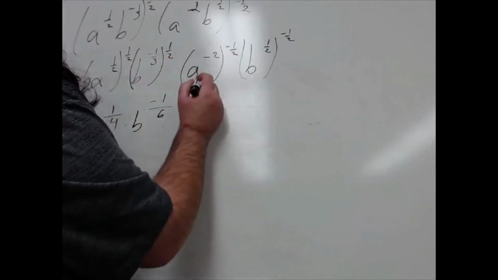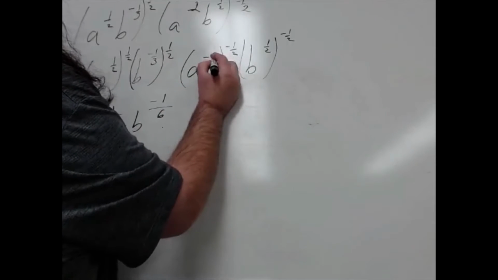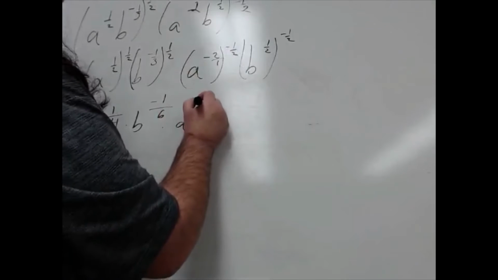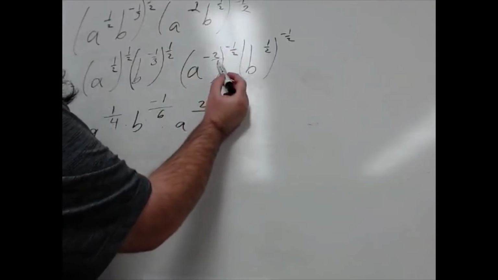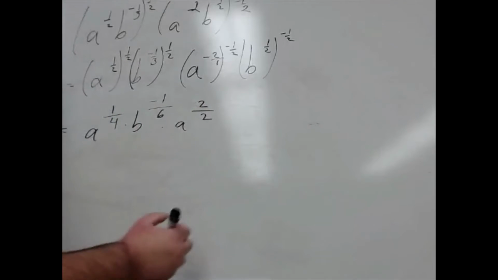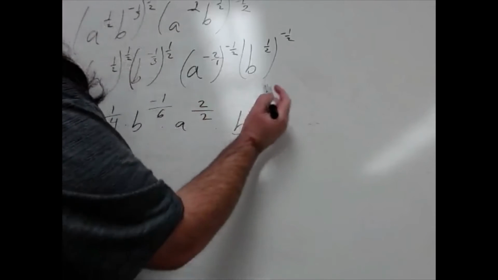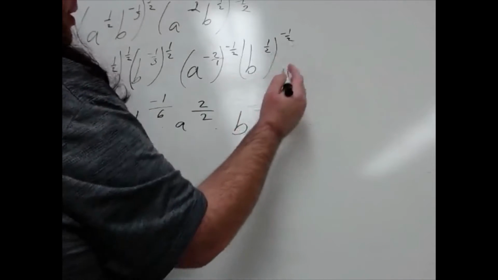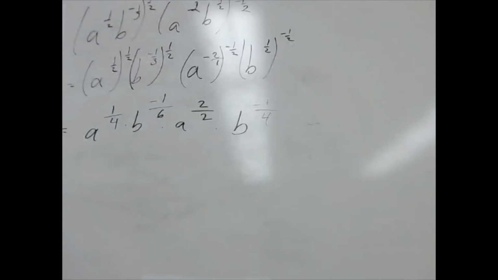Next term, so a to the negative 2 times negative 1 is a positive 2, and then 1 times 2 is a positive 2, and then b to the 1 times negative 1 is negative 1, and then 2 times 2 is 4.